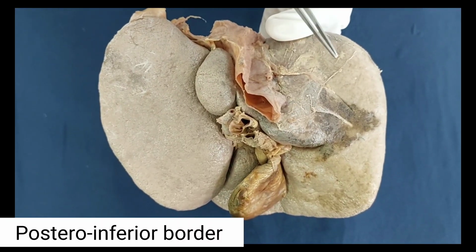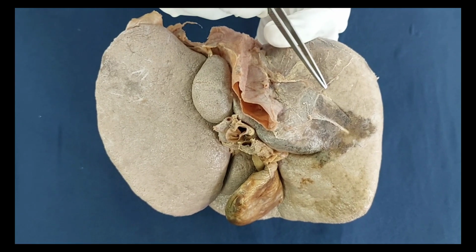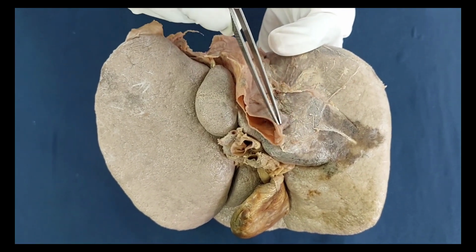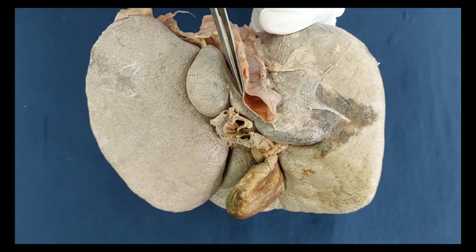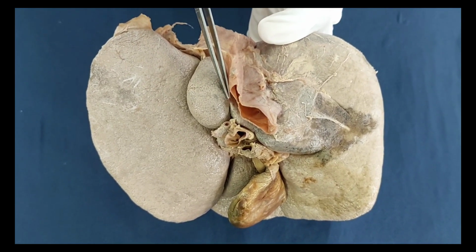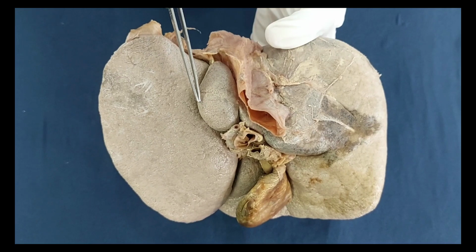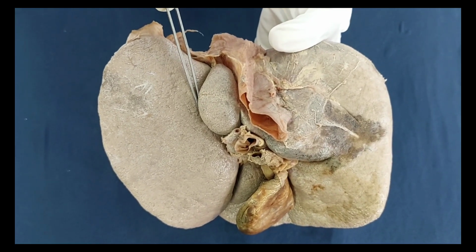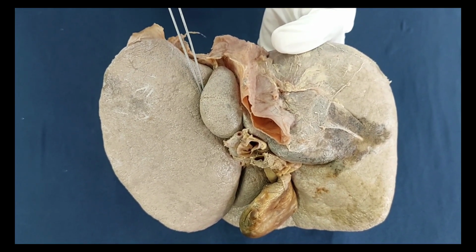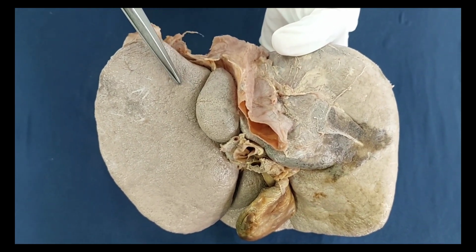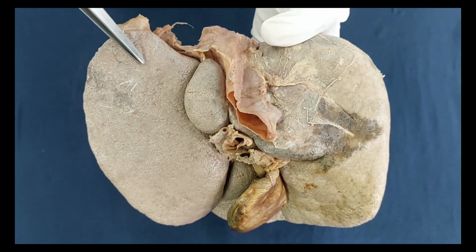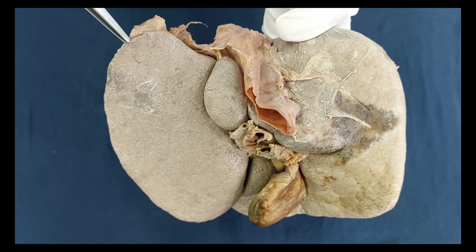It is demarcated by lower layer of the coronary ligament, lower end of the groove for IVC, then transverse line passing through the caudate lobe just above the caudate process and papillary process, then anterior lip of the fissure for the ligamentum venosum, then lower end of the esophageal impression and sharp margin on the left lobe of the liver.